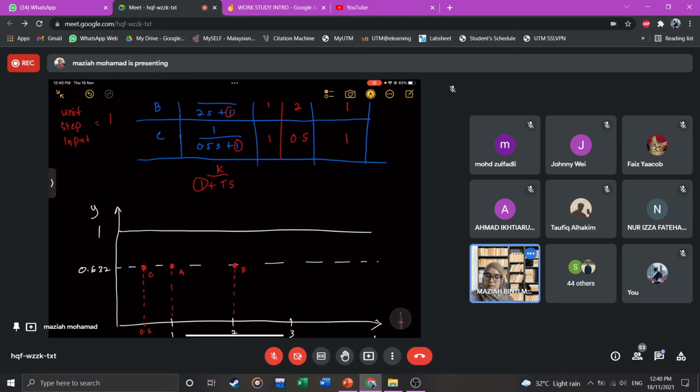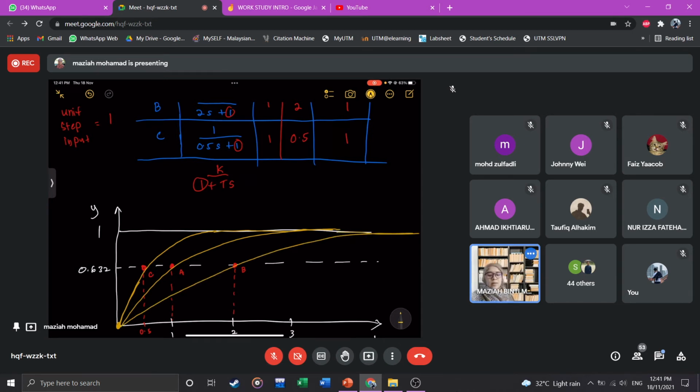So now we can plot. If we start from 0, zero initial condition, I'm just sketching it for A.